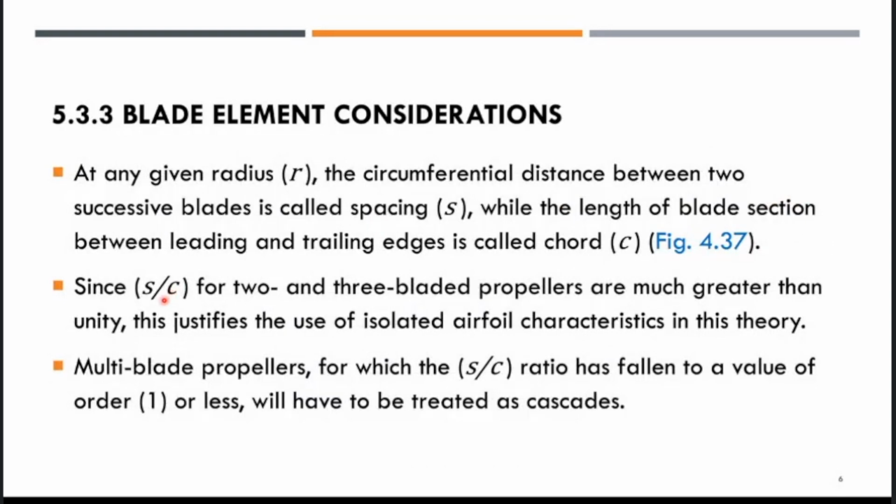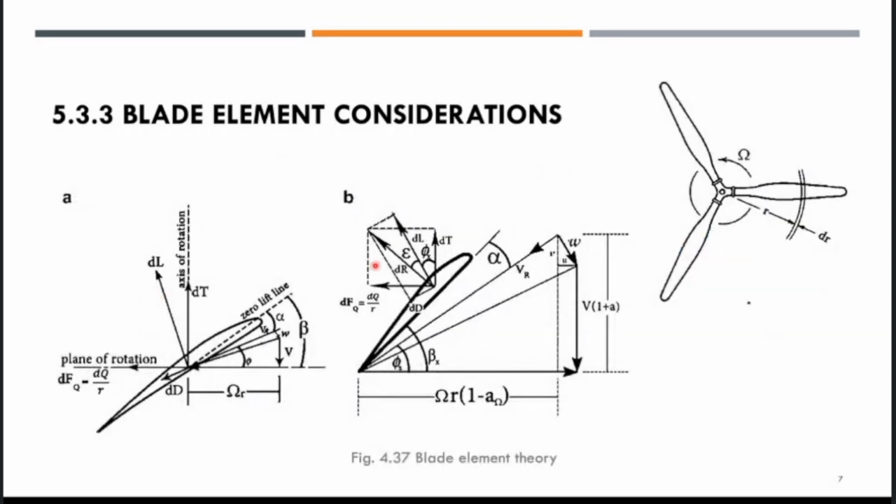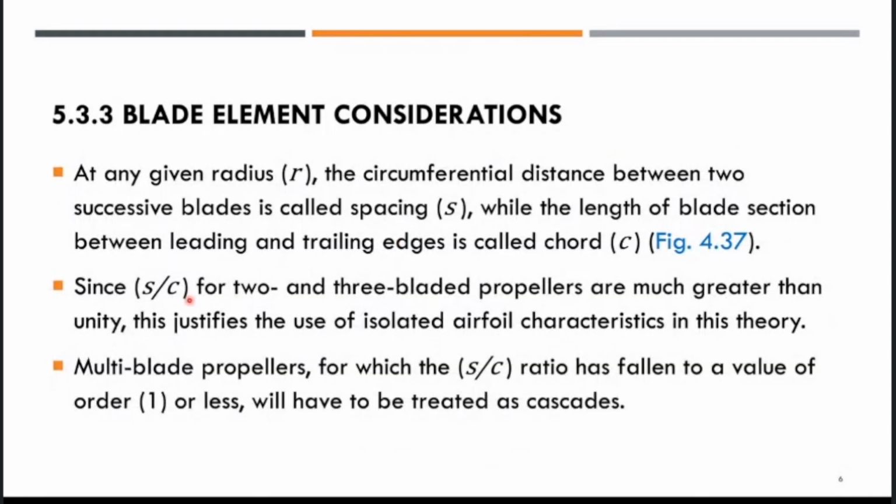The spacing, in this particular example, is the distance from one blade to the other blade. Since the spacing over the chord for 2 or 3 bladed propellers is much greater than unity, this justifies the use of isolated airfoil characteristics in this particular theory.